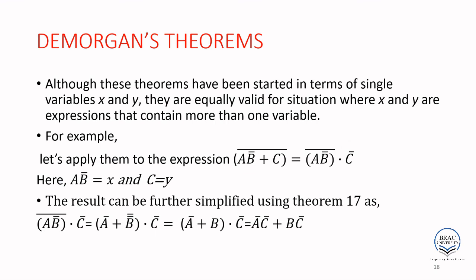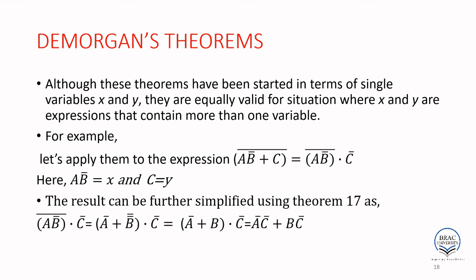So this is an example of how De Morgan's was used for simplifying this expression. So you have (A B prime plus C) prime. This plus can be written as dot. So (A B prime) whole prime dot C prime. So here A B prime equals x and C equals y. The result can be found using theorem 17.